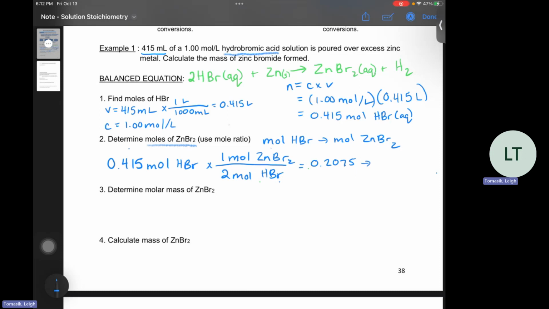So 0.208 moles of ZnBr2. And then we need to determine the mass, because we're going to the mass, so we need the molar mass. So the molar mass of ZnBr2.